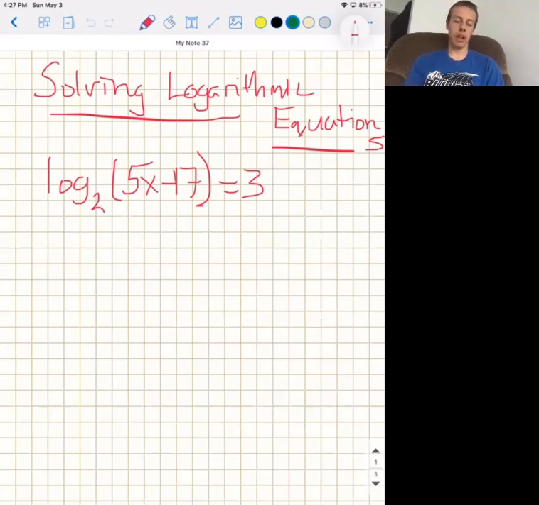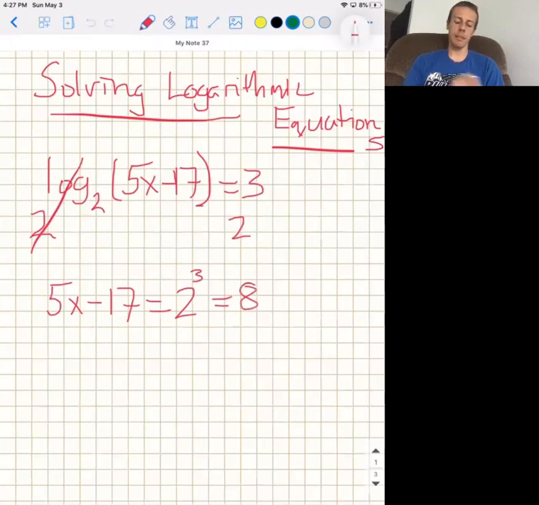Mathematically, to undo a logarithm, I need to have it as an exponential. So I'm going to say 2 to the power of both sides, which undoes the logarithm. And so I would be left with 5x minus 17 equals 2 to the third, or 8.